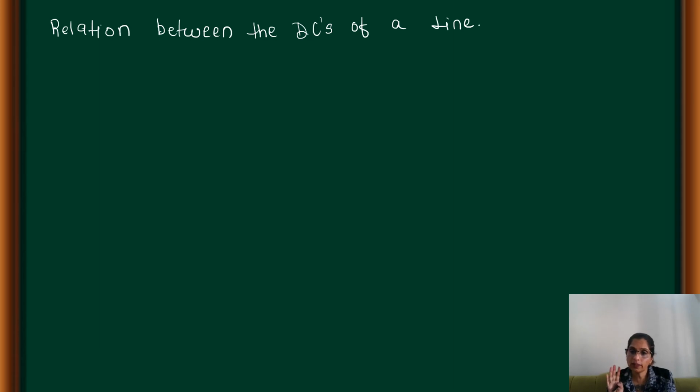Why is it the same as a vector? Because we are taking this as a directed line. Once you take a line as a directed line, we can treat that line as a vector. It doesn't really become a vector, but yes, we can treat it as a vector.